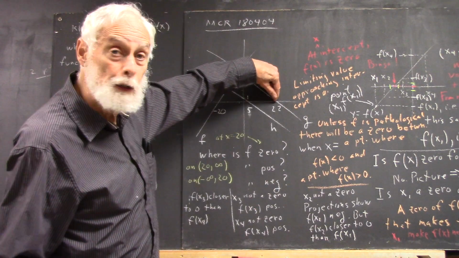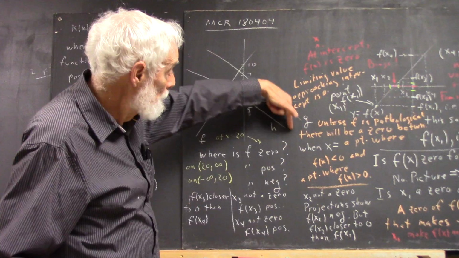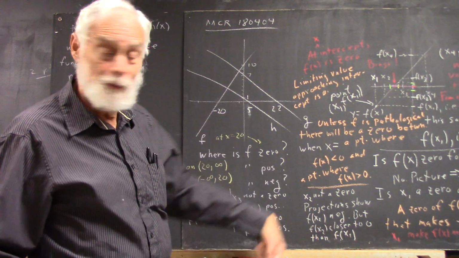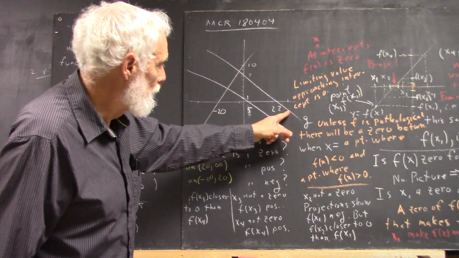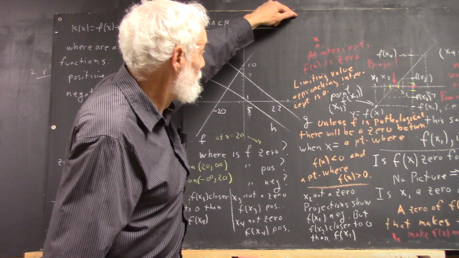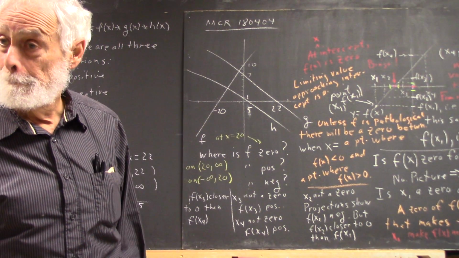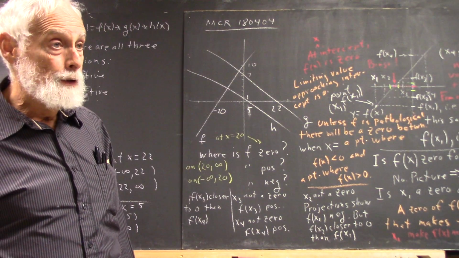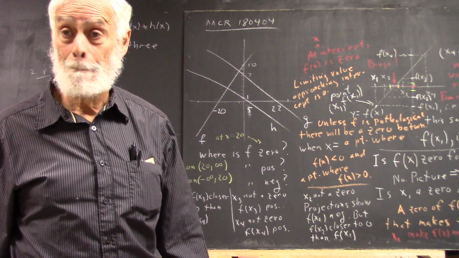Anything to the right of 22, anywhere to the right of here, these two are both negative, right? So if I take a point here, G is negative, H is negative, but clearly, if you extend this, it's going to be about here, a positive, a pretty big number, right? So you'll have two negatives and a positive, okay?